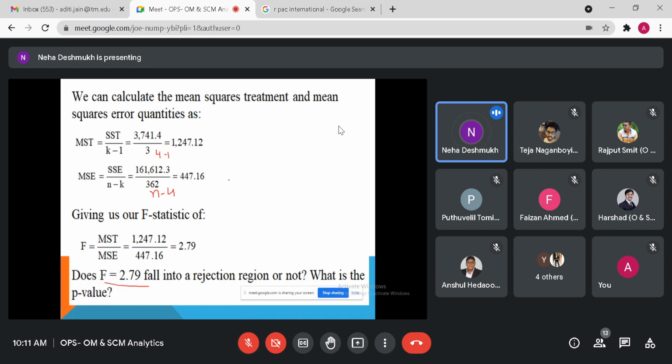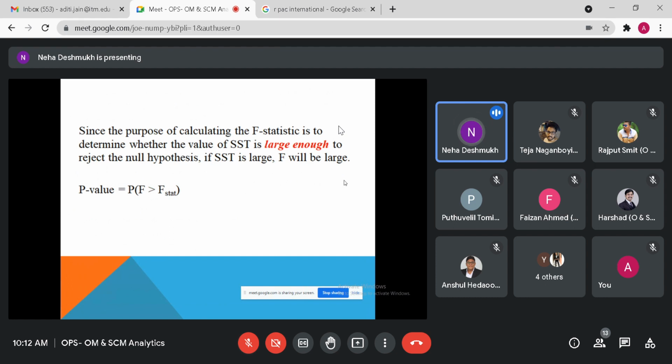I repeat, if F calculated is less than F critical value, we can conclude that the test is significant, right? Now, the p-value.